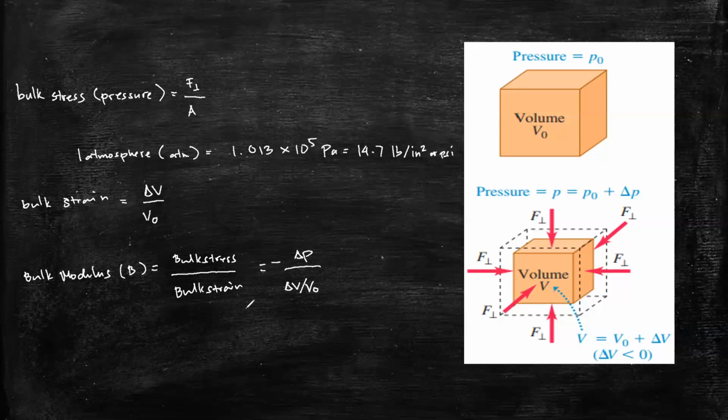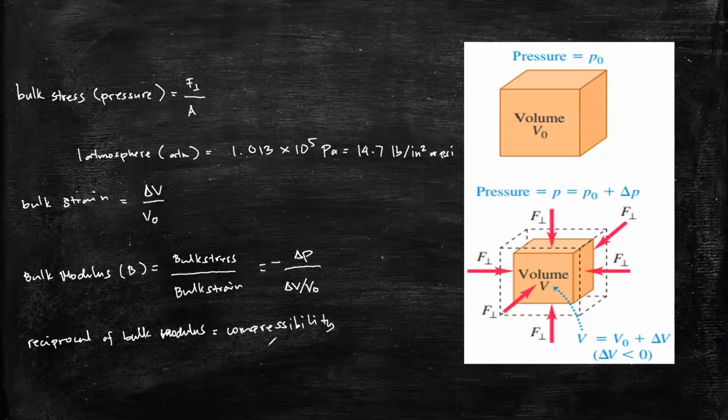The bulk modulus of a gas, however, depends on the initial pressure P0. The reciprocal of the bulk modulus is called compressibility.